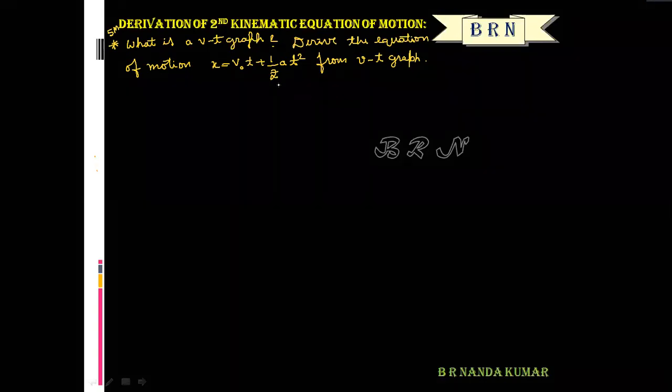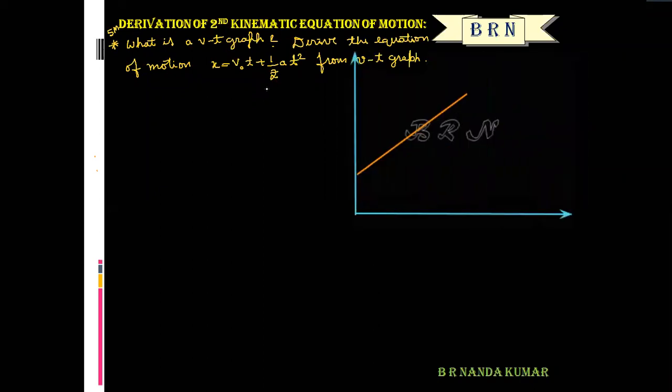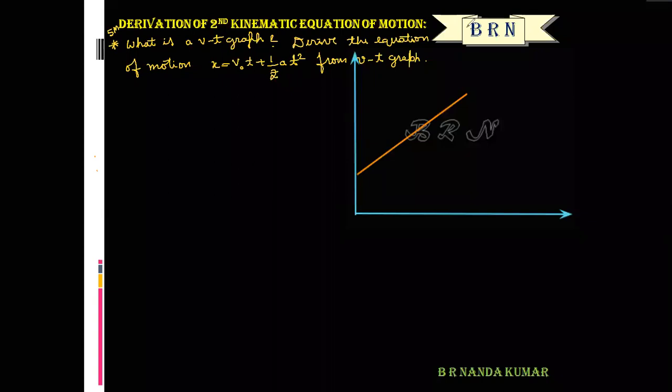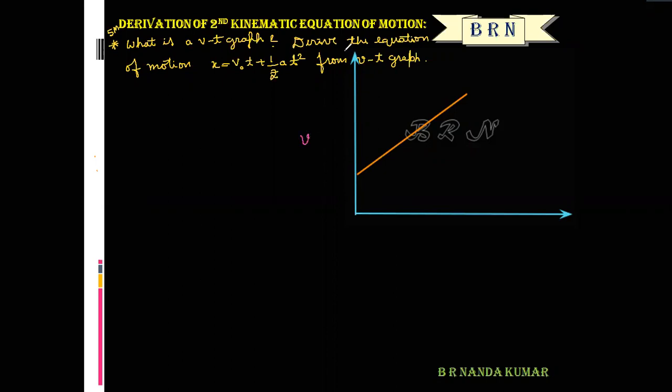So again, let us consider first the VT graph. What is the meaning of VT graph? The graph drawn by taking velocity along y-axis and time along x-axis. Okay.